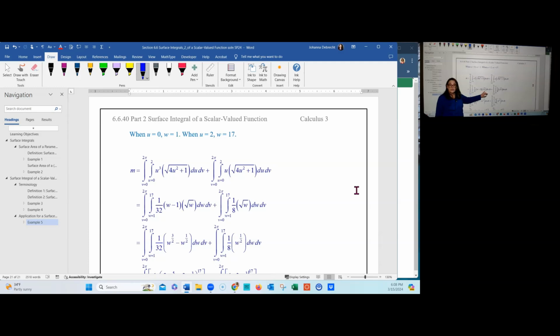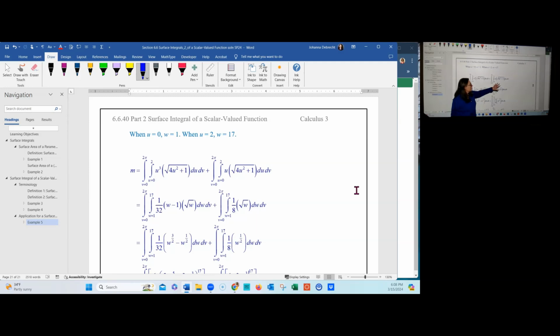Then I can think of the square root of w as w to the 1/2 and distribute it across the w minus 1. This will give me 1/32 times the quantity w to the 3/2 minus w to the 1/2. I simply apply the power rule and evaluate it between 1 and 17 to get a value.